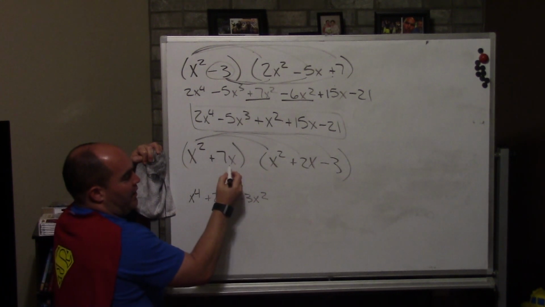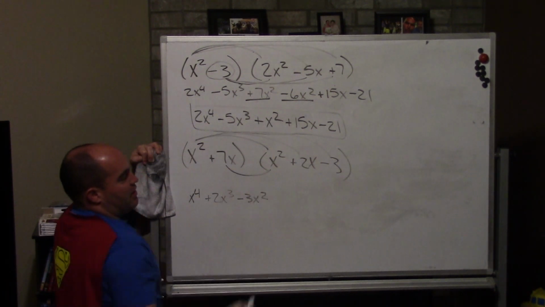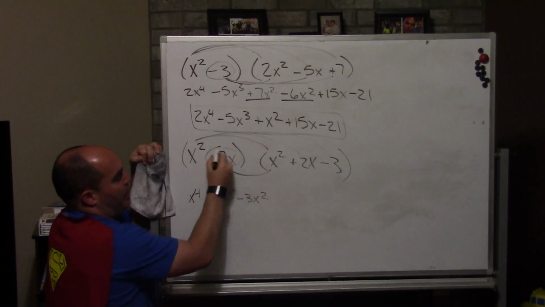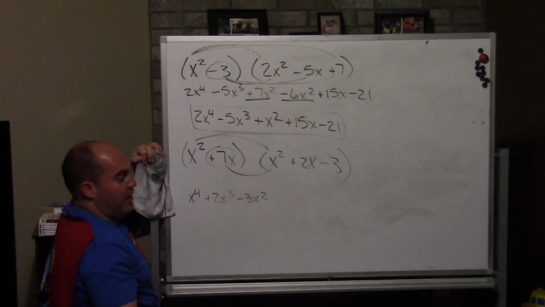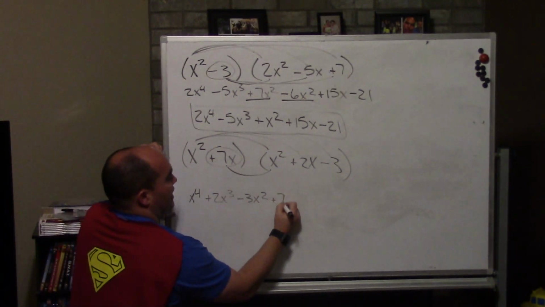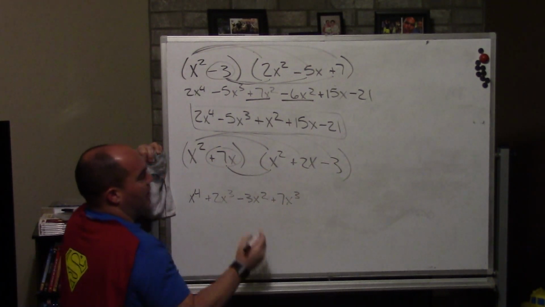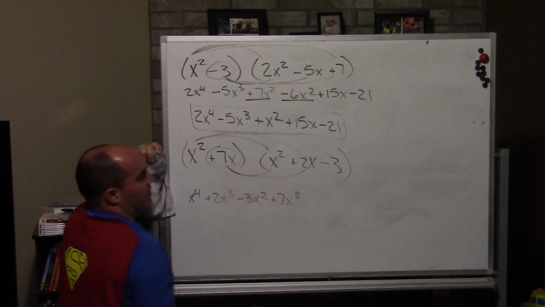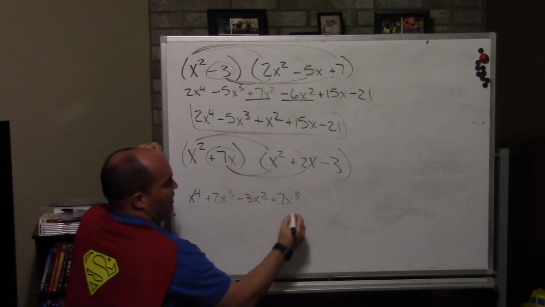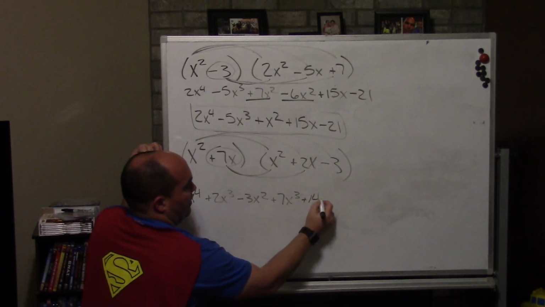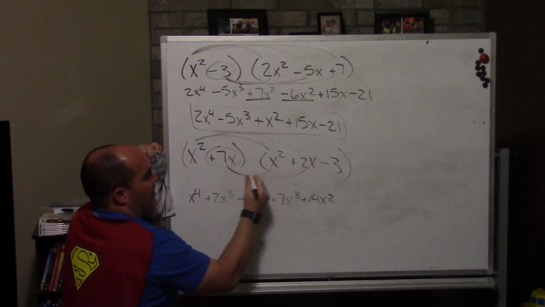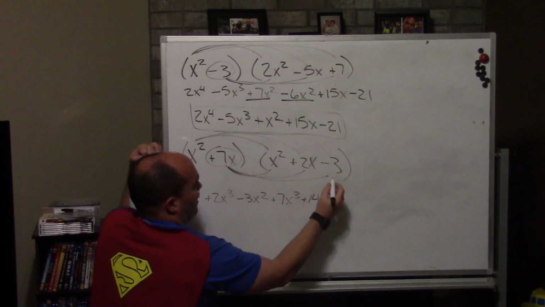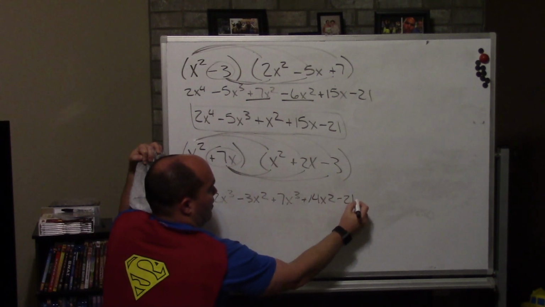Alright, and then I'm going on this side, so 7x, and this is a positive 7x this time. So 7x times x squared is 7x cubed, and then 7x times 2x is 14x squared, and 7x times the negative 3 is negative 21x.